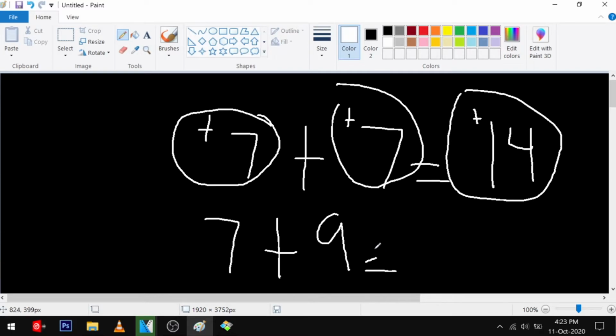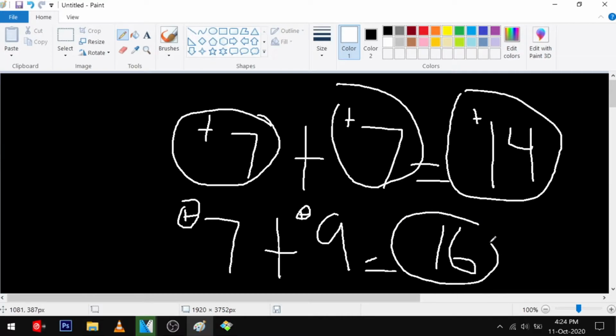Do you see any positive here? Do you see any negative here? No. So these are still positive, whether you see it or not. So positive and positive. So your answer here will be 7 plus 9, which would give us 16.